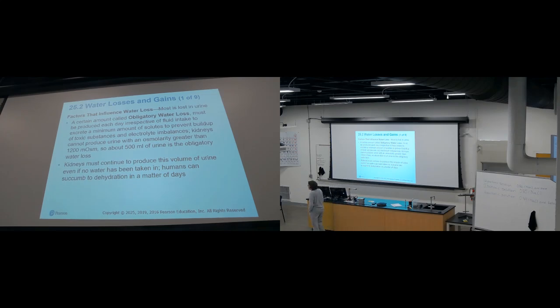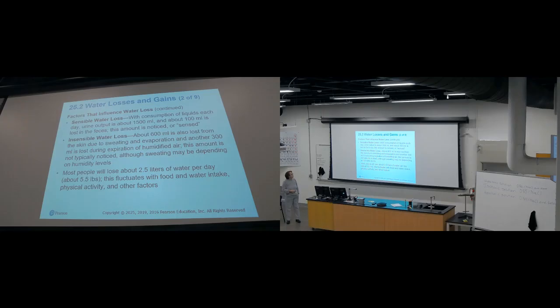So we have around 500 milliliters of urine that is the obligatory water loss. If you have functional kidneys, you will form 500 milliliters of urine that is going to be necessary for losing these ions. And then another factor that influences water loss is sensible water loss.